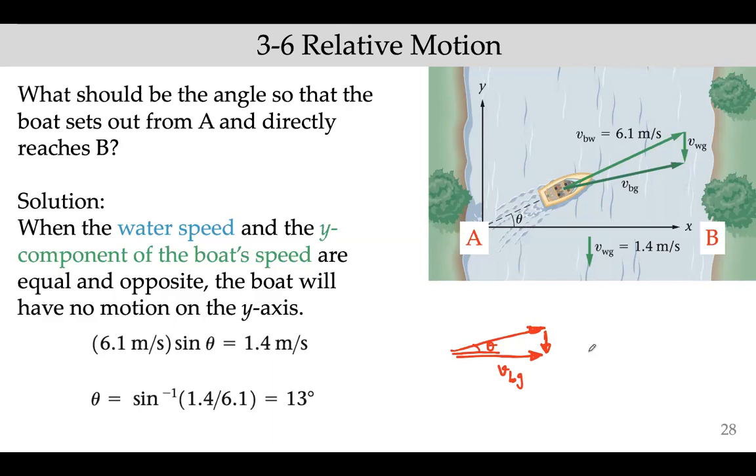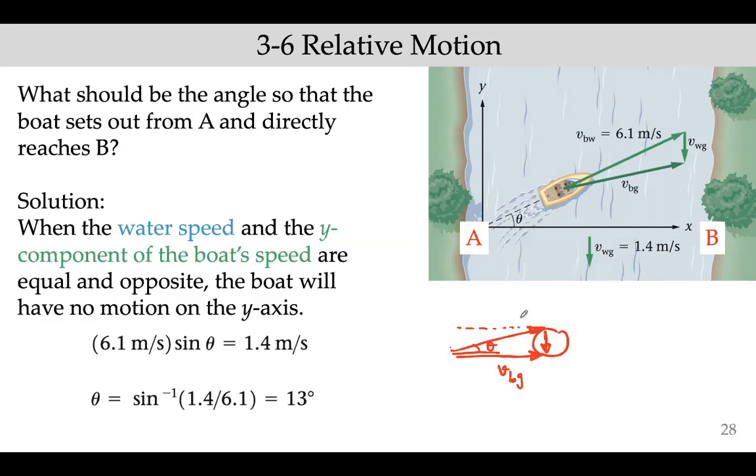It will be in the east direction. So that's what we want. So basically what we want is the velocity of the water should be exactly opposite and with the same magnitude with the velocity of this.